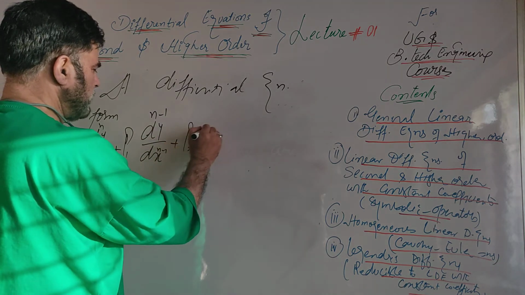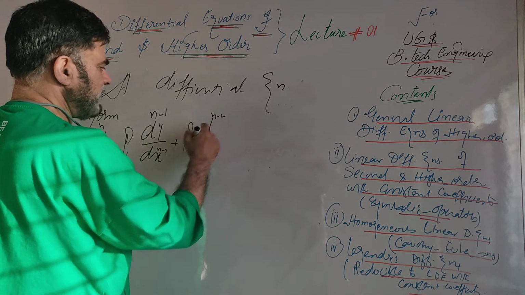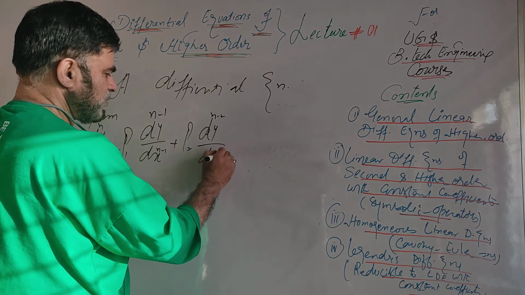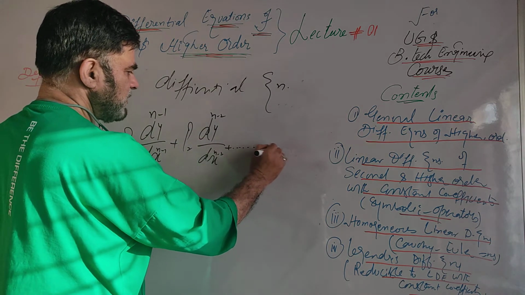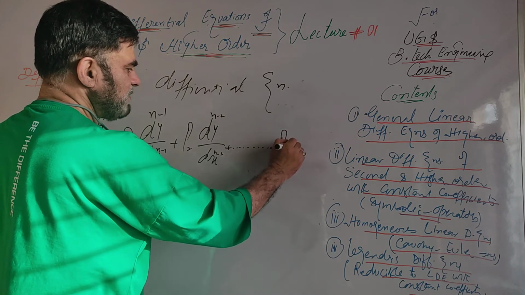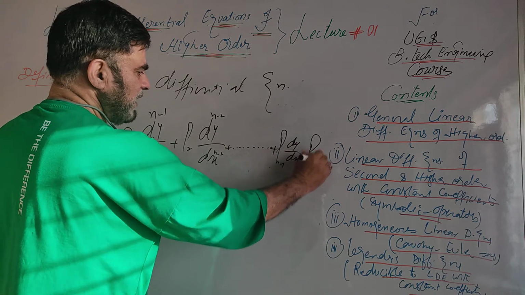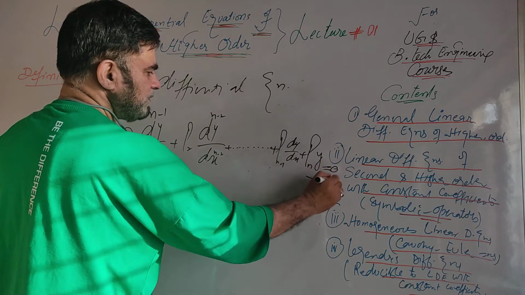Then I write p2 times the n minus 2 derivative of y, plus and so on, up to p of n minus 1 dy by dx plus pn y.